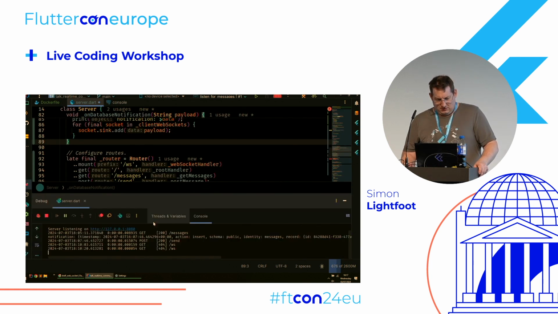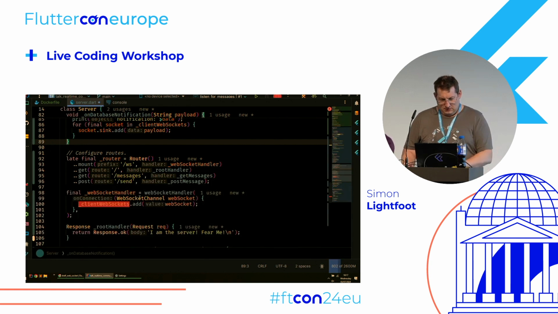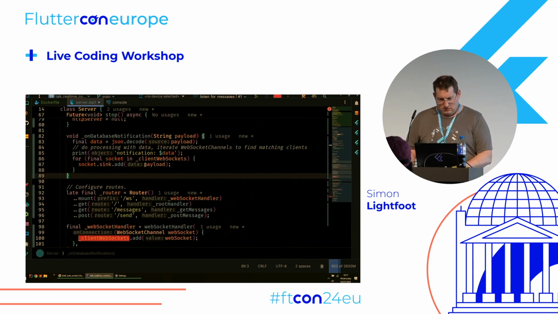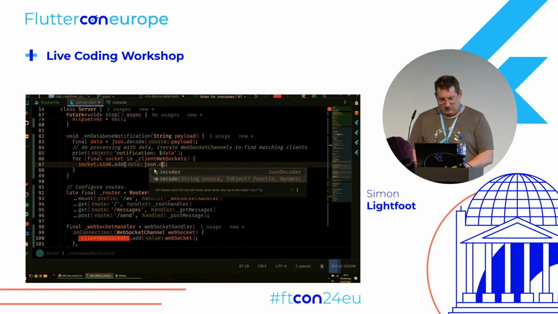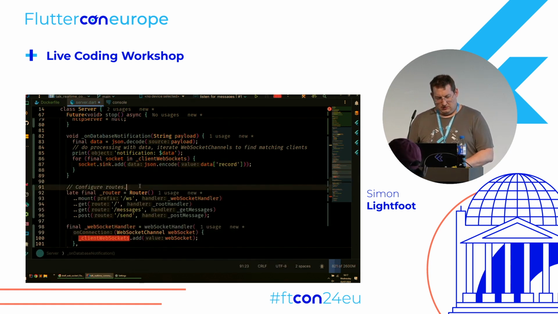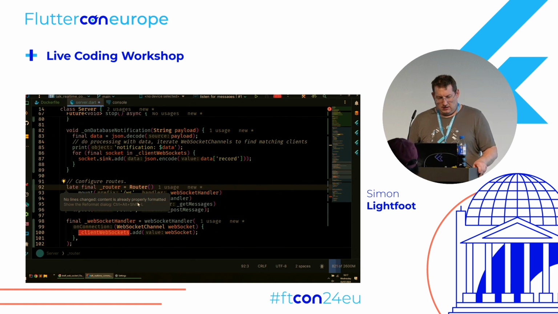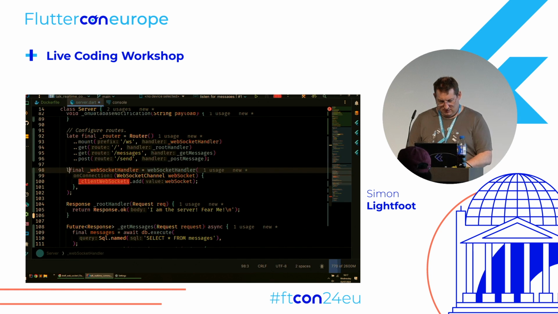Where's the log? Do we have a log still? It was record. Let's just send the record down. It was data record, that'll do. Let's just do JSON encode. I believe it does it for you, but just in case, you'll know that's a string. Okay, why is this having a problem? Because it's an initializer. Okay. Magic.